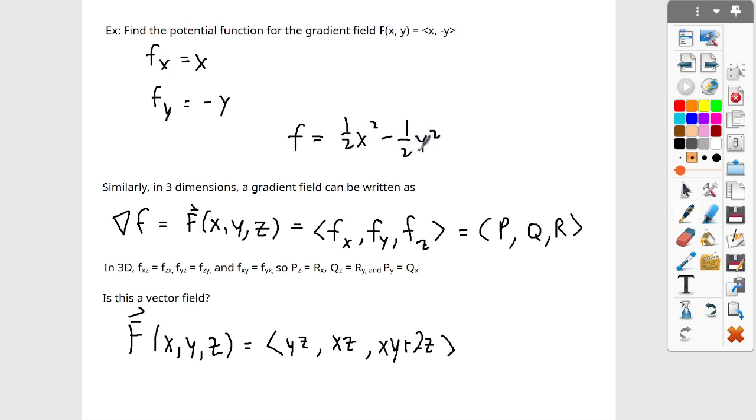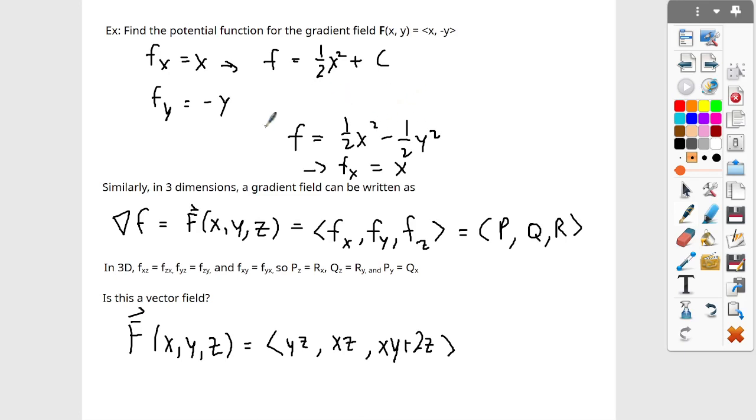And I think I literally just found the function for this. But yeah, we could say f is this, and f sub x is equal to x, right? If we integrate this, we get f is 1/2 x squared plus c, right? If we integrate it with respect to x, we'll get 1/2 x squared plus c.